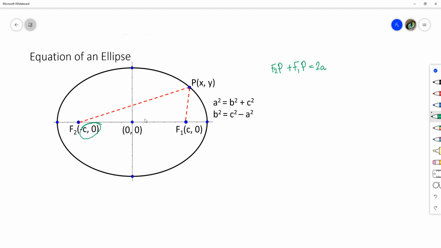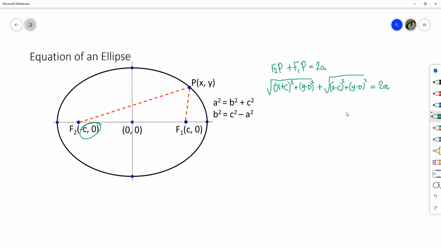So, in other words, the distance from P to F2 can be expressed as the square root of the quantity (x plus c) squared, plus c in the sense that we have negative c here, plus the quantity (y minus 0) squared, plus the distance of F sub 1 going to P, which can be expressed as the square root of the squared quantity of x minus c plus the squared quantity of y minus 0, which is equal to 2a.